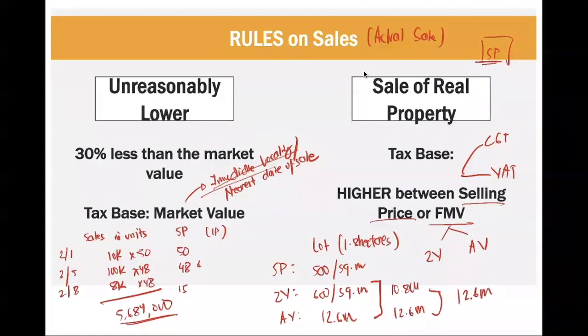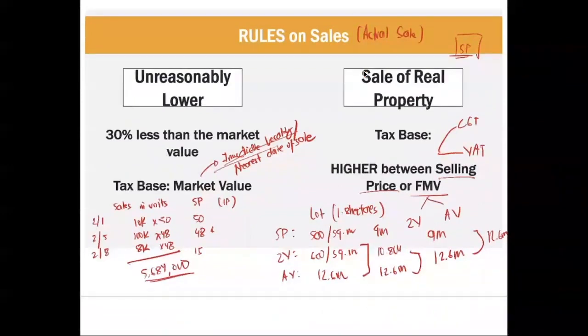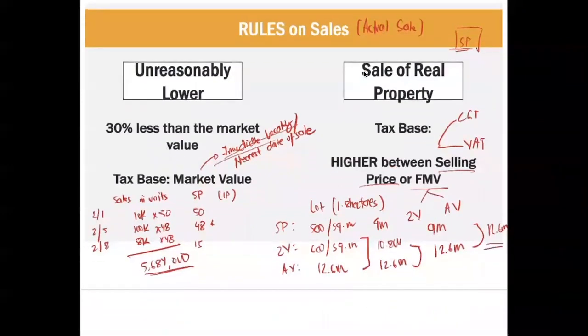Next, the selling price, of course, lower na yan: 1.8 times 10,000 times 500 is 9 million. So the higher is 12.6 million pesos. If this is 12.6 million, that is our tax base.